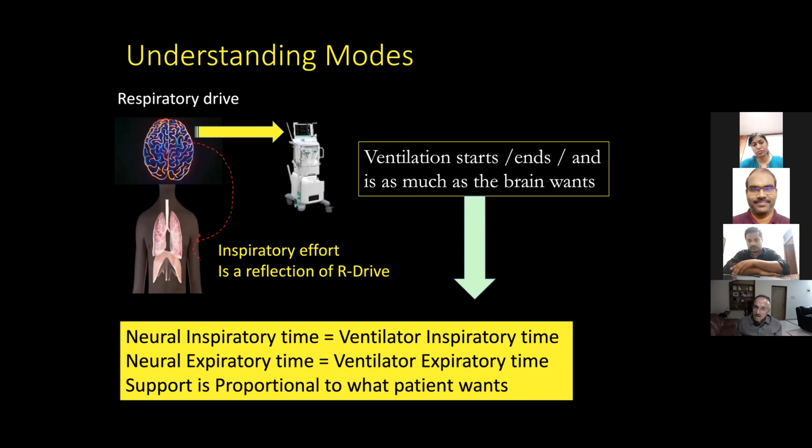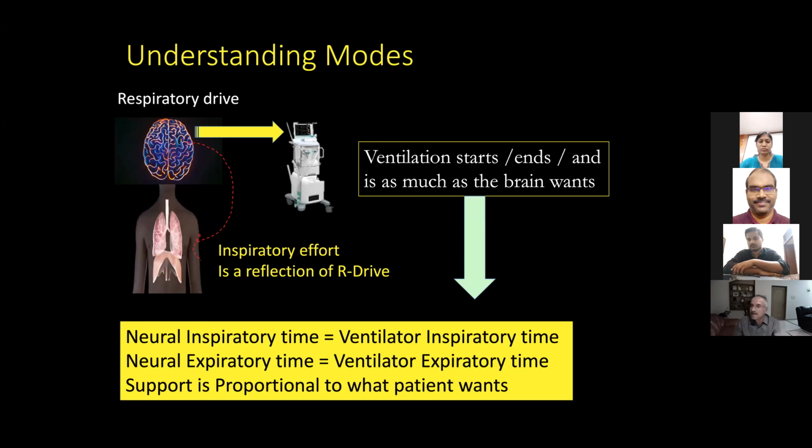So when we talk of ventilator, don't think everything can be done correctly or all the pathology of the patient can be corrected by setting your ventilator. It doesn't happen. Always the patient's neurological drive, respiratory drive, the neural inspiratory time, neural expiratory time, and the amount of volume that drive requires to correct the blood gases has to be looked at when you set the ventilator.